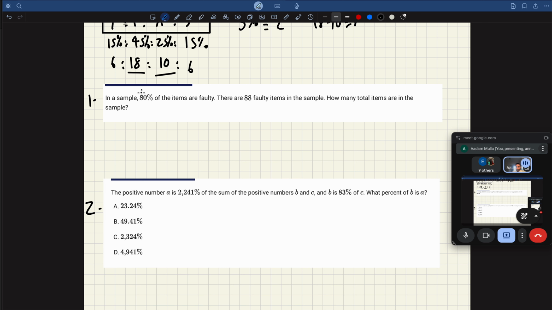If you've got an answer to number 1, just type in 1. Then I know when to give you the explanation for it.